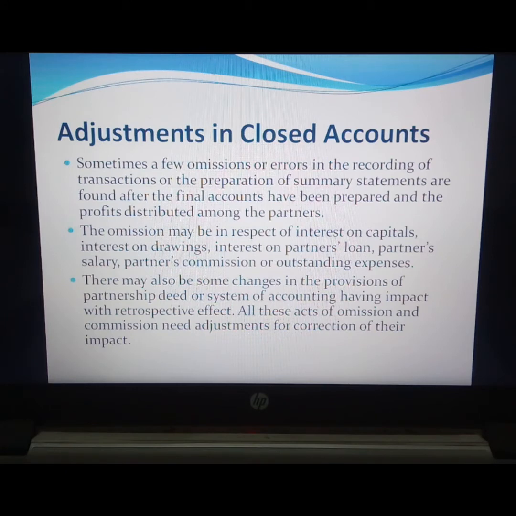But this effect should not only be in the future, but they also want to bring up the effect for the past 3 years. Now again in this case, all the accounts have already been closed for this year as well as for the past years. So for this, we will make a rectifying journal entry and accordingly correct the accounting statements. Okay, all these acts of omission and commission need adjustments for correction of their impact, which we are going to study in this topic now.